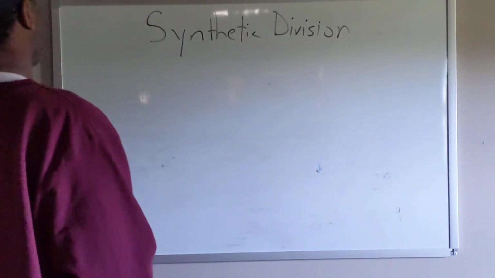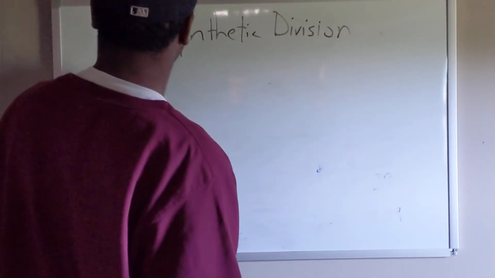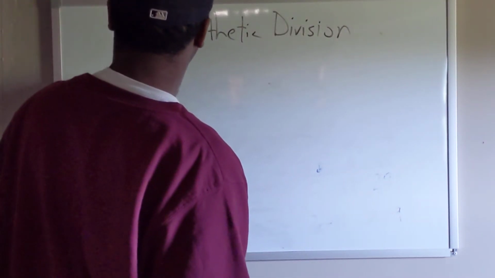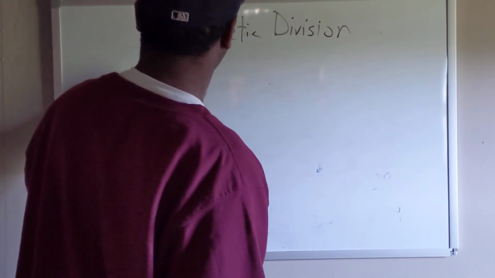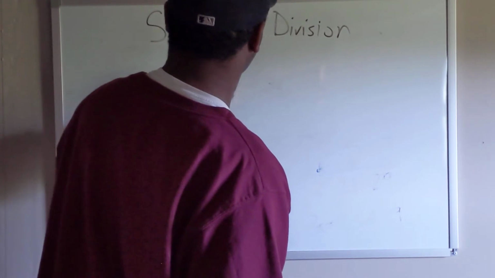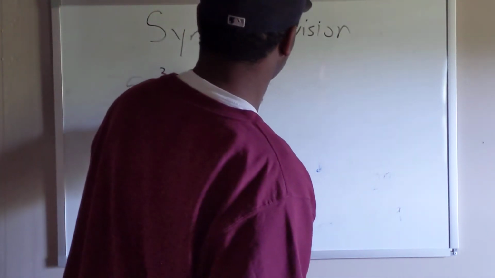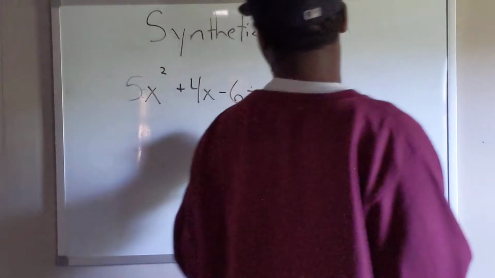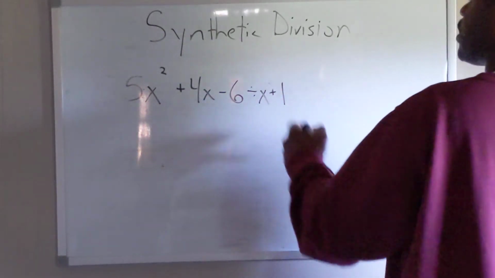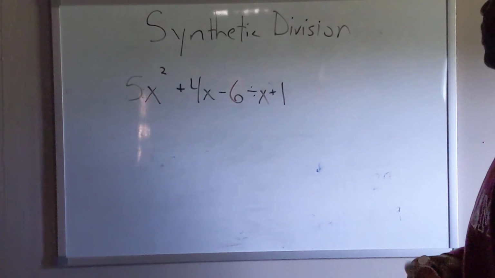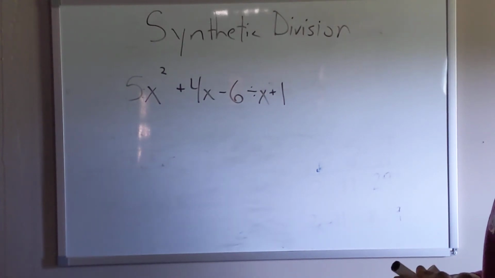Okay. Let's say we have 5x squared plus 4x minus 6 divided by x plus 1.